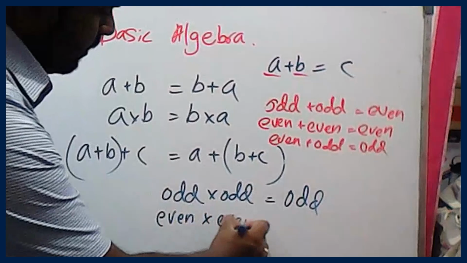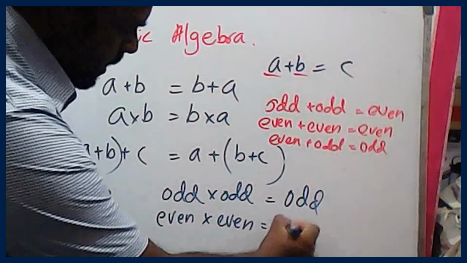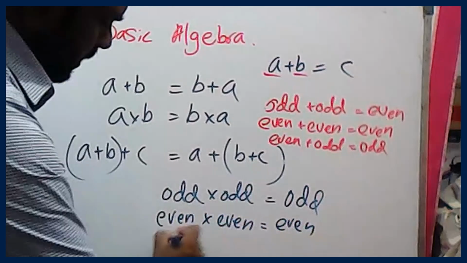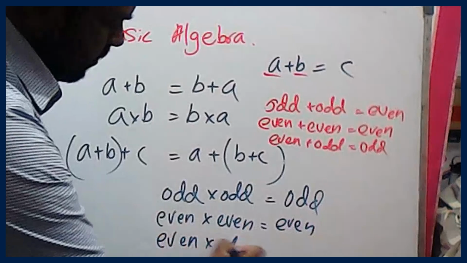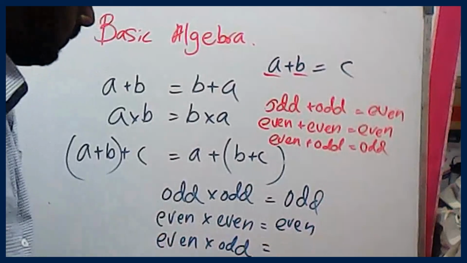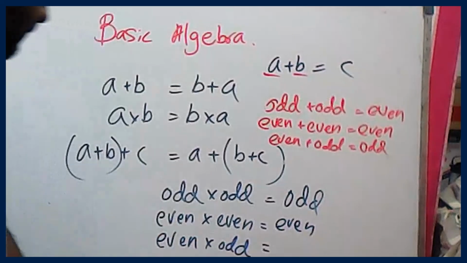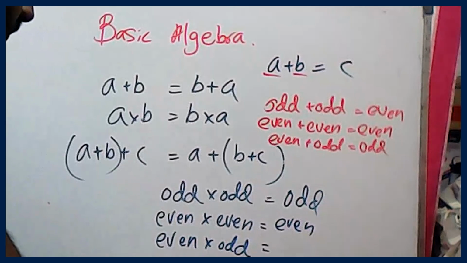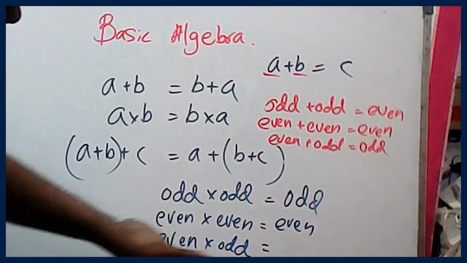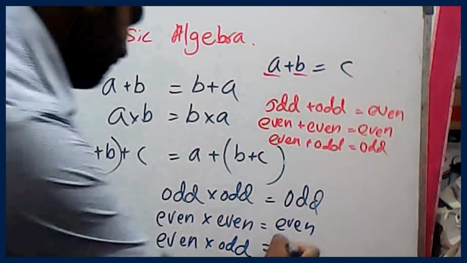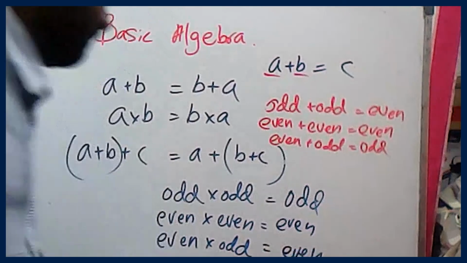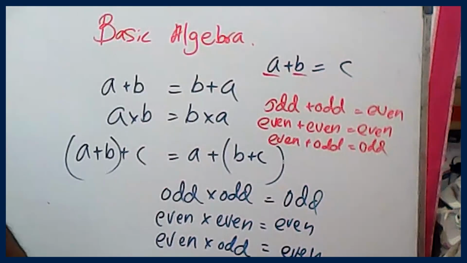Even into even is even. Even into odd, then it will be even.